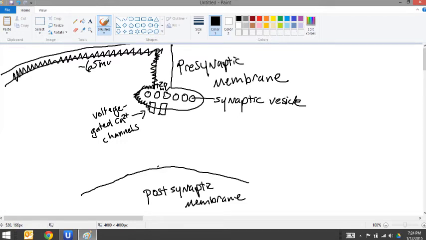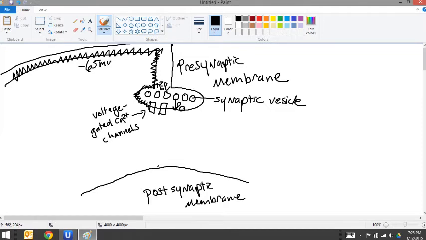When that happens, remember that the inside of the presynaptic membrane has a very low concentration of calcium. So calcium is detected pretty quickly when it goes into the cell, and it is a signal for the synaptic vesicles to go down into the membrane here, and then they fuse with the membrane.